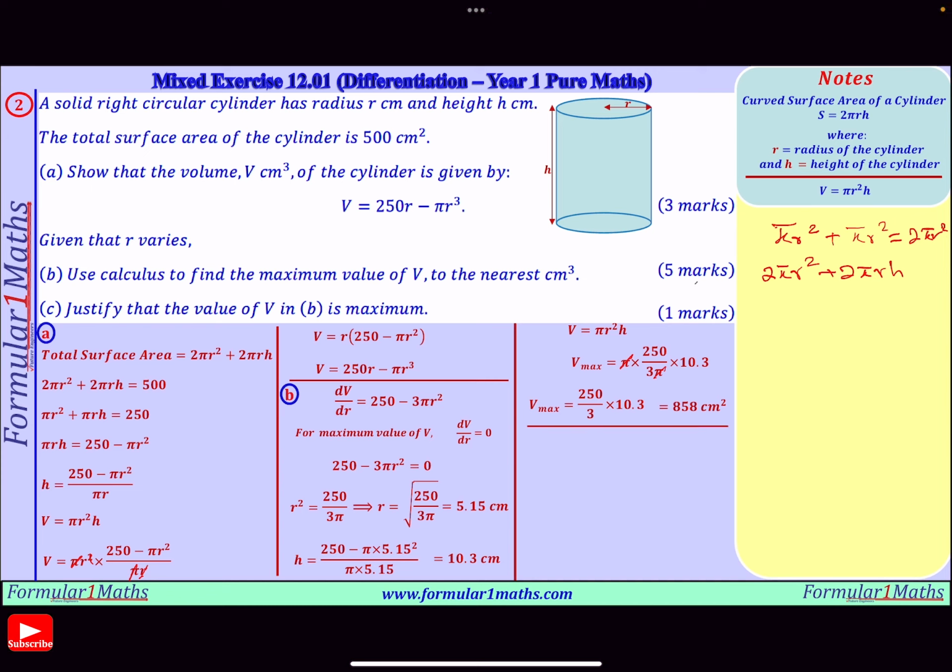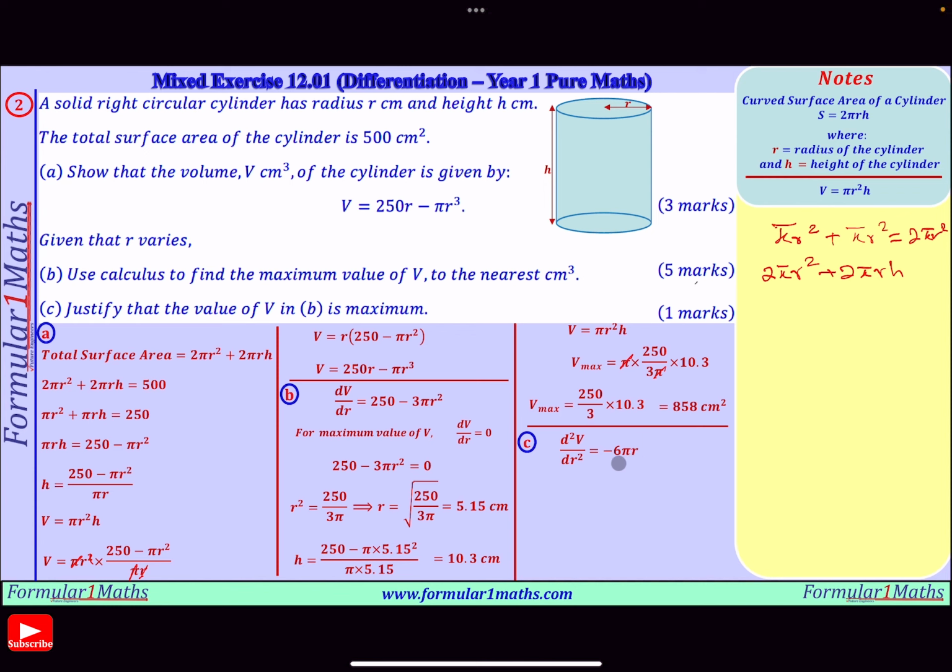For C, we need to justify that the value that we got in B, which is 858 centimeters cubed, is a maximum. We will need to find a second derivative with respect to r. So we're going to differentiate this expression here. And so when we differentiate, we are going to get minus 6 pi r.